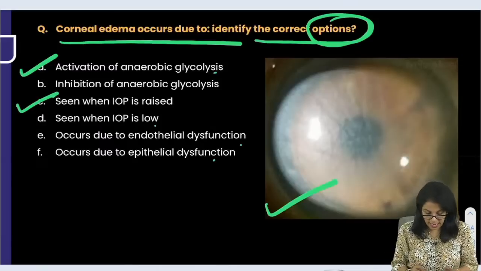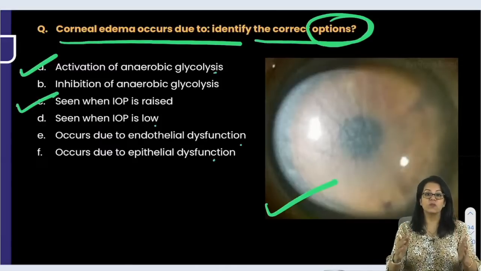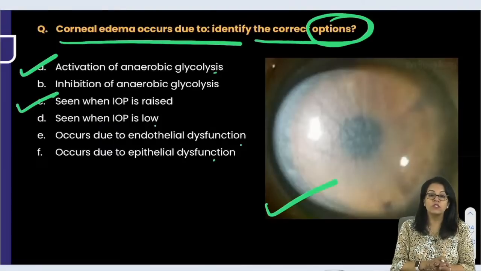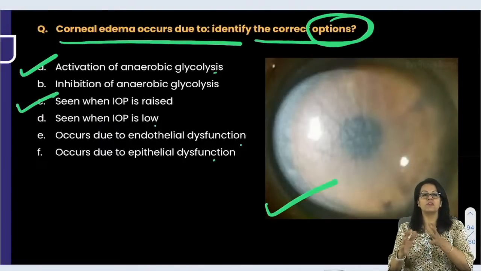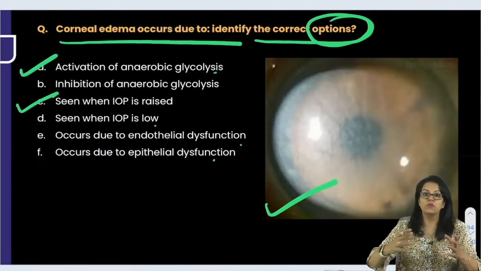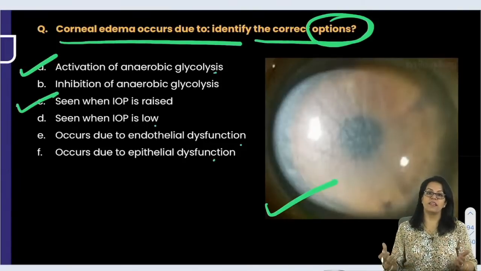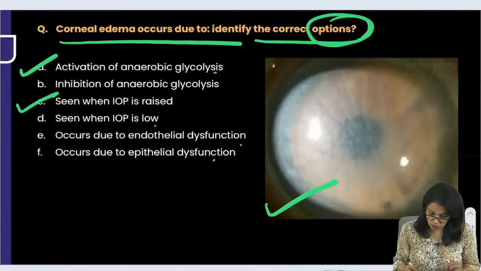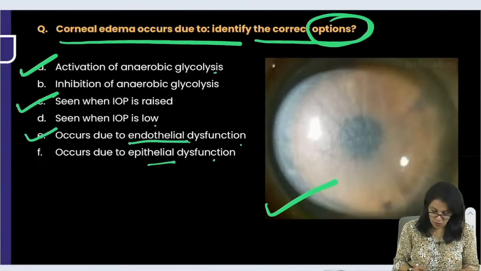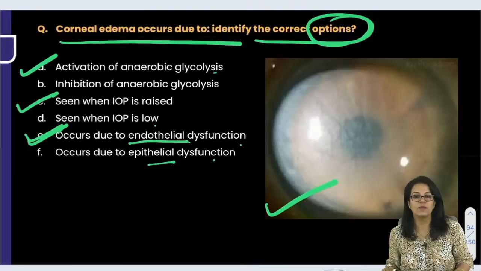So, you will always say activation. When IOP is raised, again this happens. Why? Because the stromal pressure of the cornea, which is around 53 to 55, if IOP goes more than that, there will be edema. And is it due to endothelial dysfunction or epithelial? Of course, it is the endothelium which is responsible for this.